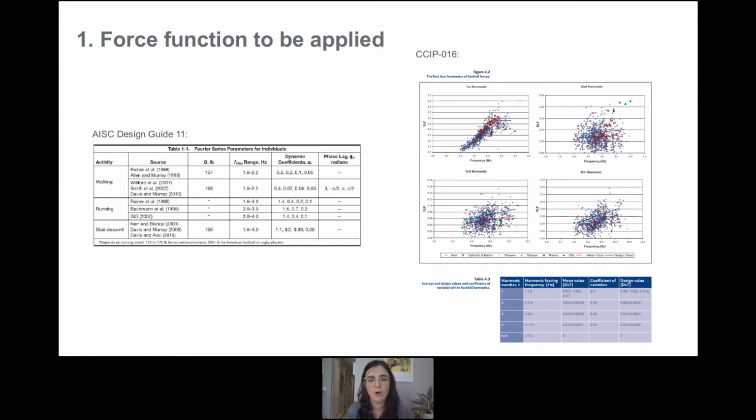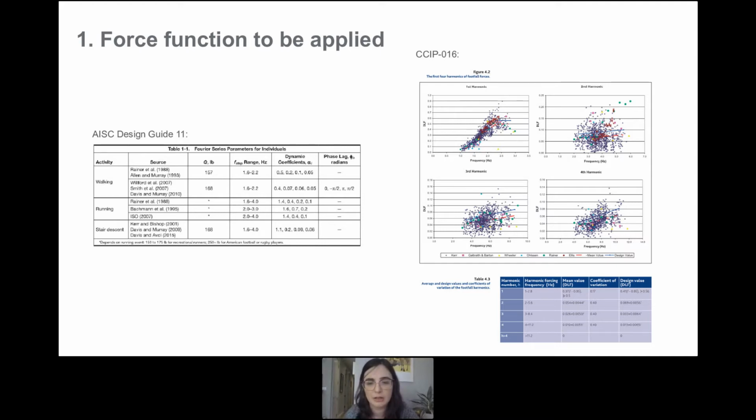So rather than just one potential walking frequency, you have to consider a whole range of frequencies, right? AISC gives some ranges depending on whether you're walking or running or going downstairs.